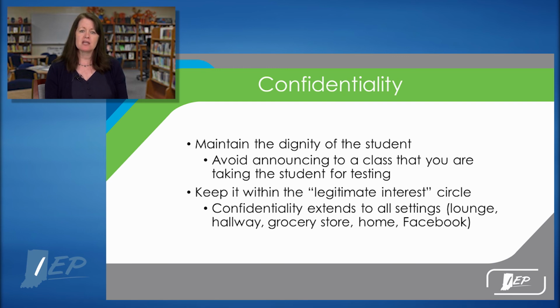So making sure to keep those conversations confidential, making sure that we're not going home and sharing confidential information with our family members, because sometimes we have a lot of overlap with our communities. Sometimes we work in areas where we also have our families attending, our kids attending that same school.